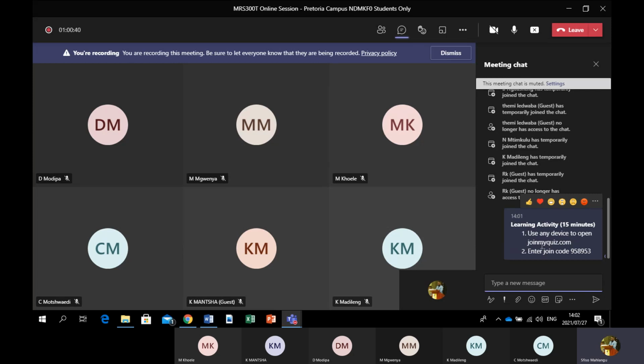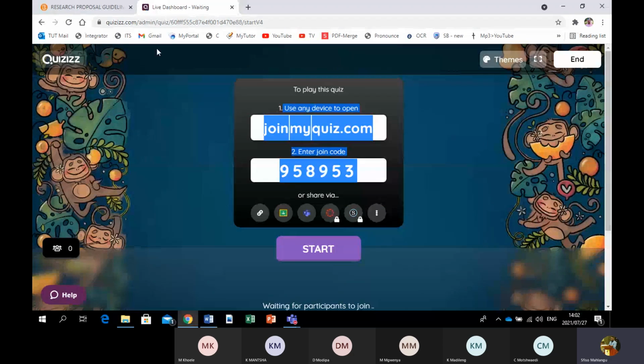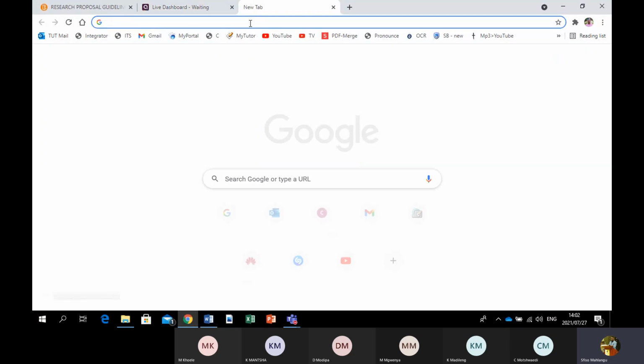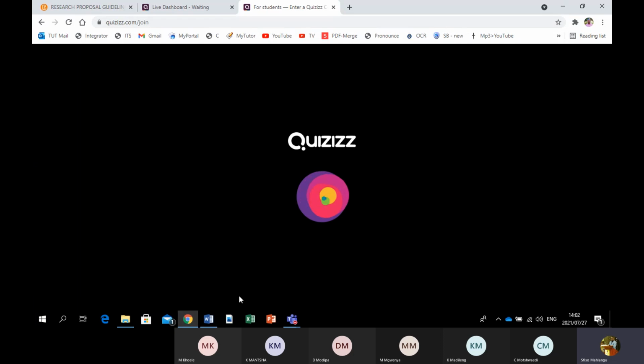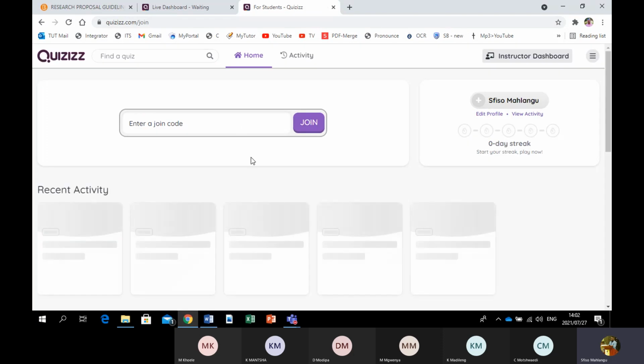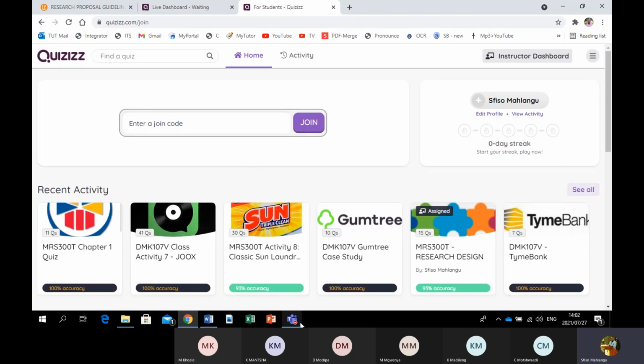Firstly, you go to joinmyquizzes.com if you haven't played it before. So basically you want to go to that link there. If you are using a desktop and not a smartphone, you simply paste it in the next tab, joinmyquiz.com. It's going to ask for a code like it asks here, and then you enter the game code.